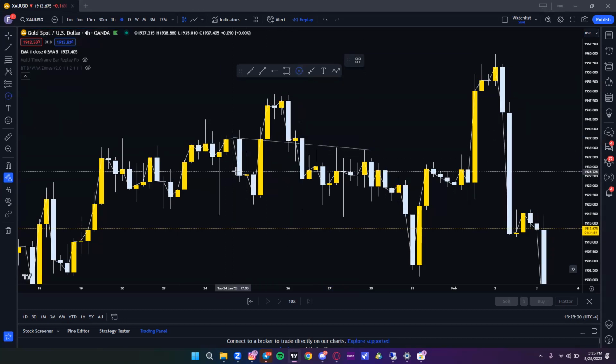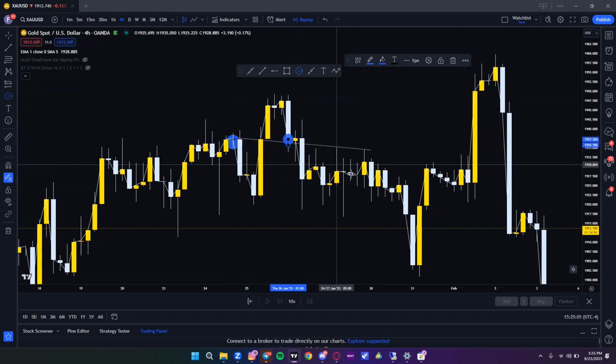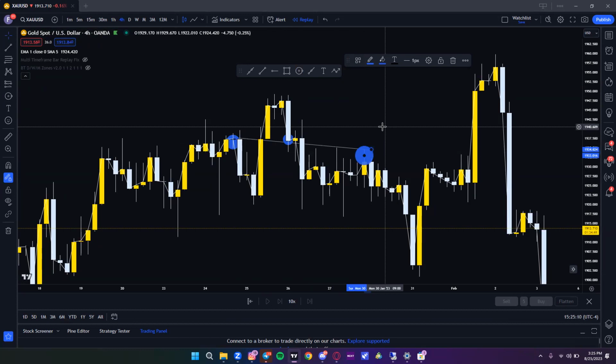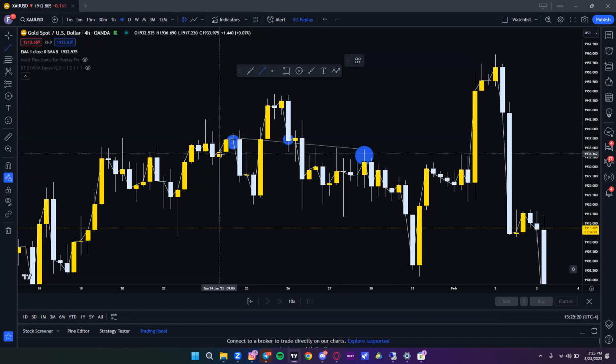So you have the resistance, you have the support, and you have the resistance. It's a little bit tricky to see, but you should just practice it and use it. You practice it for 1 week, you'll be fine. Your SNR level is right there, and it's above your SNR, so it's completely valid for you to use.